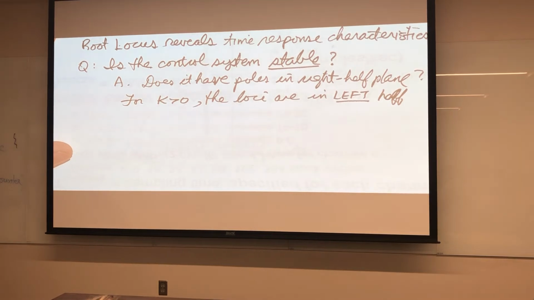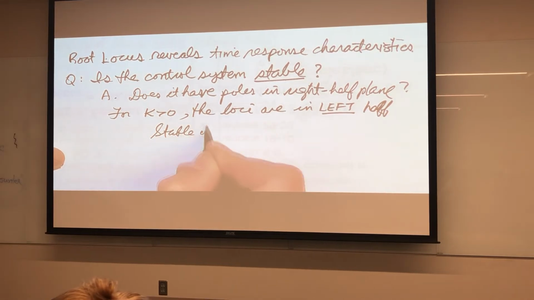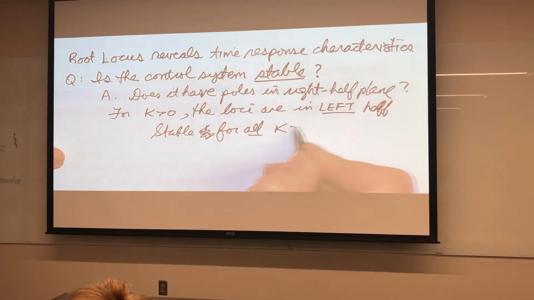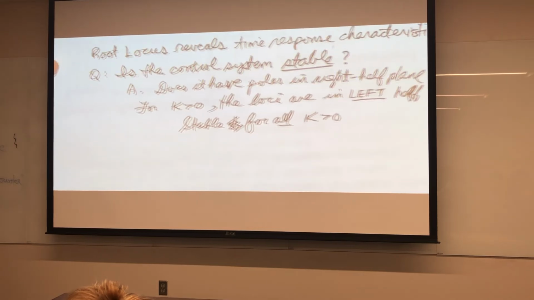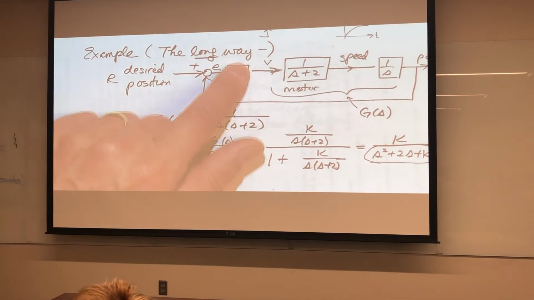So our answer to this question is, this system is stable for all k greater than 0. We can adjust our controller gain freely without any fear of destabilizing the system.